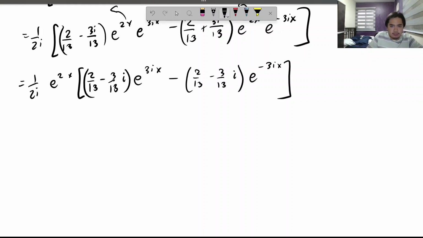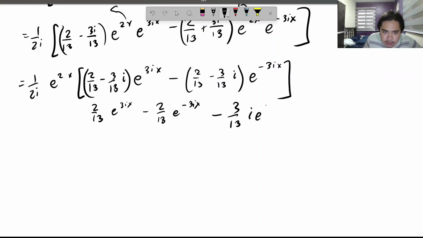So, 2 over 13 e to the 3ix, then minus 2 over 13 e to the negative 3ix, minus 3 over 13i e to the 3ix, minus minus is plus, plus 3 over 13i e to the negative 3ix.